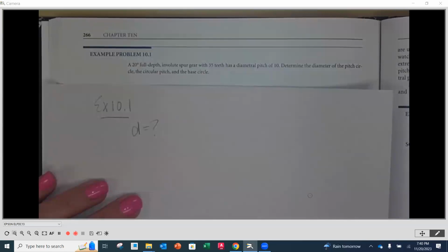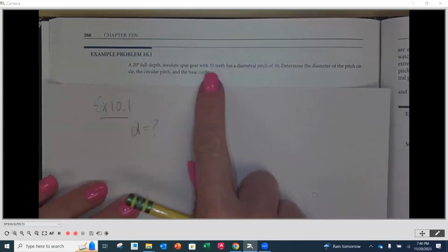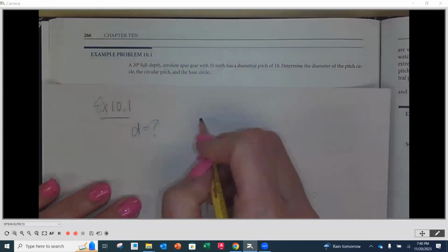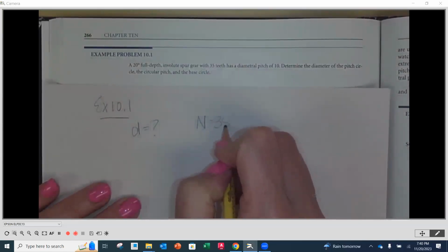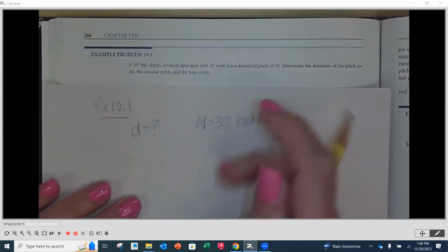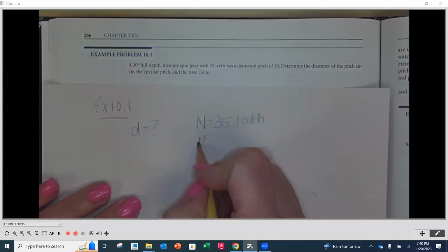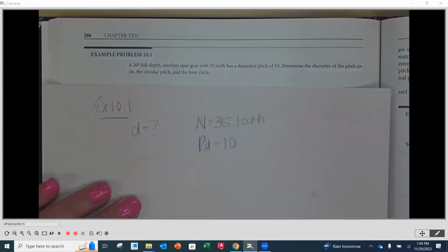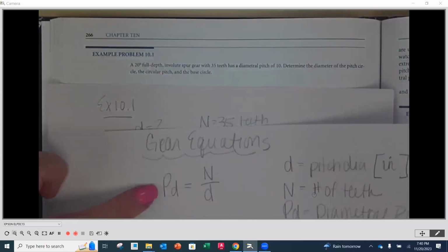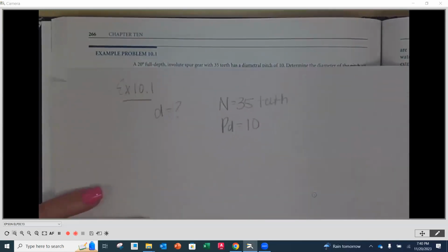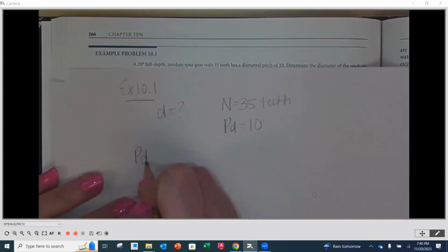Okay. Now in the information that they're giving us is the number of teeth. So we know N is equal to 35 teeth. And we also know that the diametral pitch is 10. So capital P sub d is equal to 10. So the equation that relates these three variables is this one right here. Our base equation is diametral pitch is equal to number of teeth divided by pitch diameter.